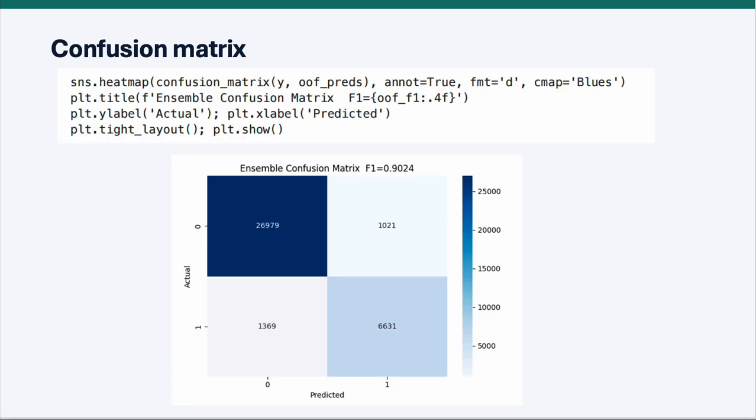By optimizing macro F1 and selecting a threshold of 0.6212, we balance these trade-offs rather than relying on an arbitrary 0.5 cutoff. This makes the model not only statistically strong but also aligned with financial risk management principles.